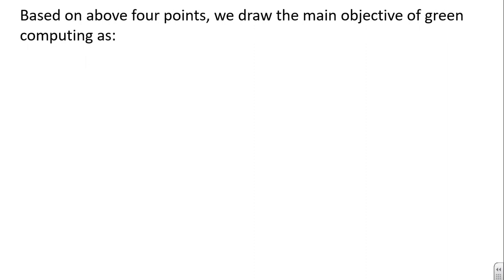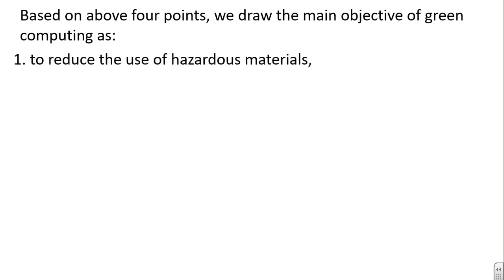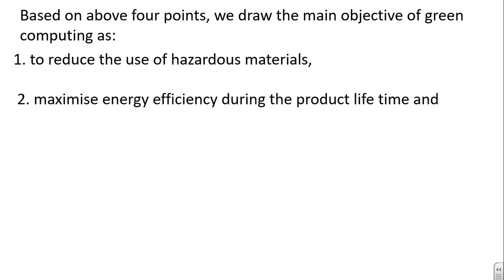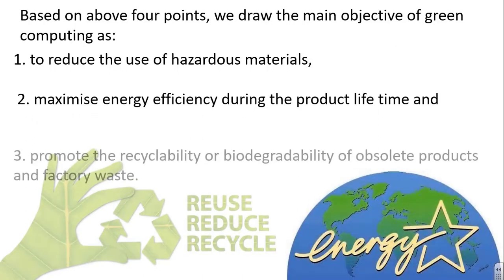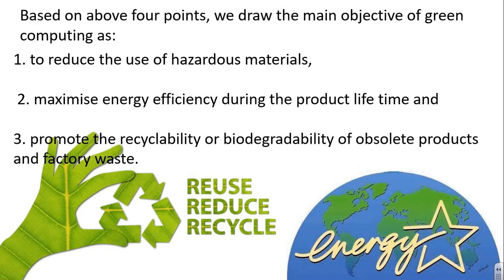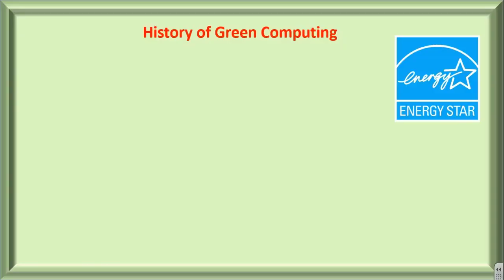Based on the above four points, we draw the main objectives of green computing as: to reduce the use of hazardous materials; second, maximize energy efficiency during the product lifetime; and promote the recyclability or biodegradability of obsolete products and factory waste.